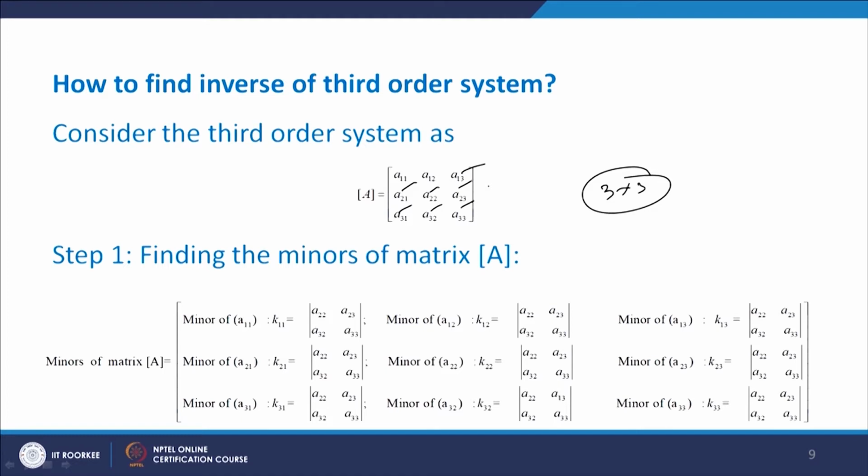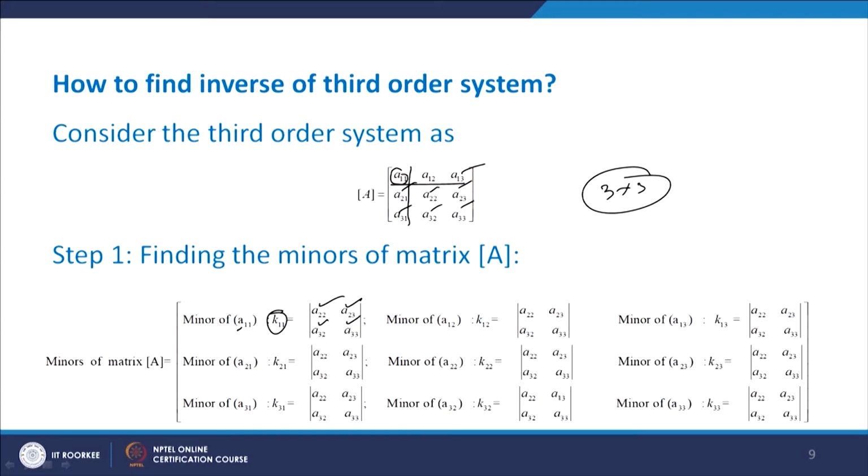Now, how to find the minors of matrix A? In order to get the principal minors of matrix A, first I take A11, whose minor we have written as K11. It equals, just remove this row and this column, so we get A22, A23, A32 and A33.